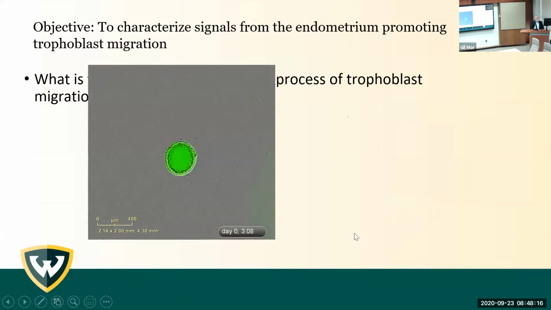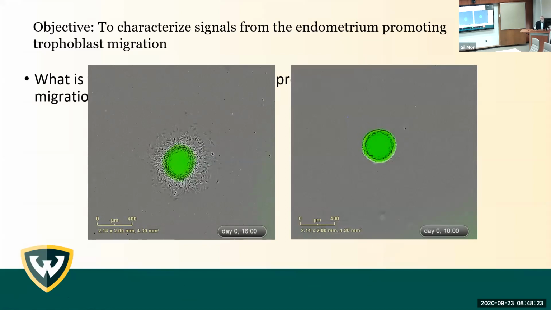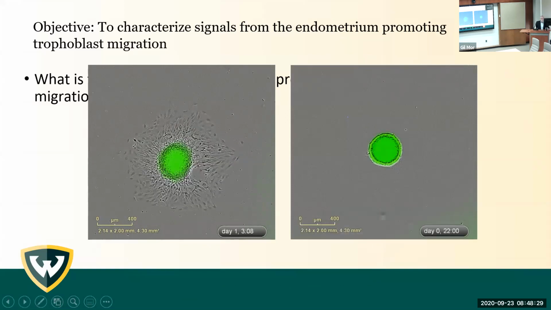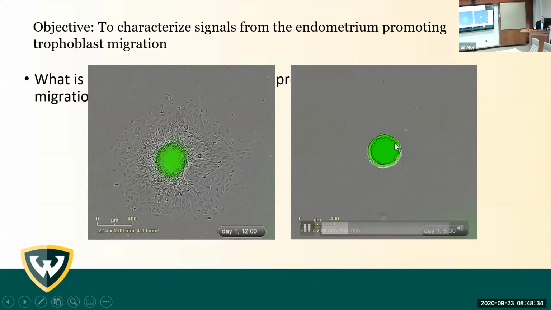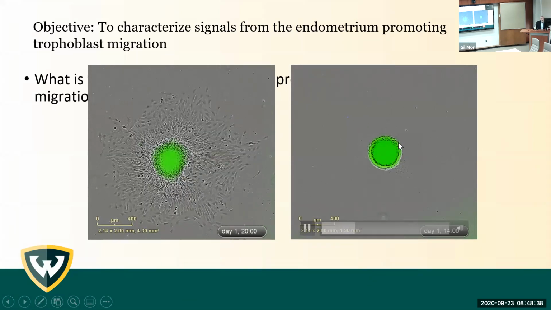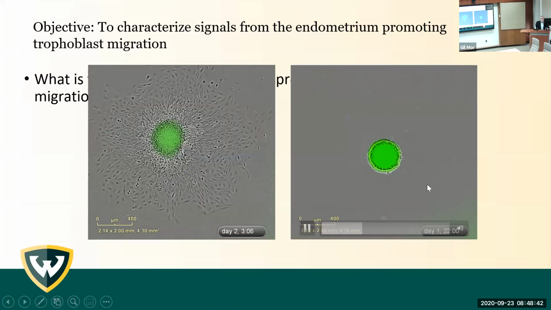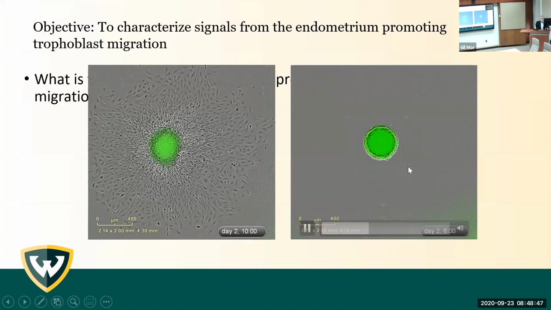Is this specific for the stroma? We took conditioned media from epithelial cells, or from macrophages, or from B cells or T cells. We tried all the immune cells, the factors from all the immune cells. As you can see on the right, this represents the epithelial cells, or B cells, or T cells. In the conditioned media from any of those cells, the blastocyst is all the time floating.